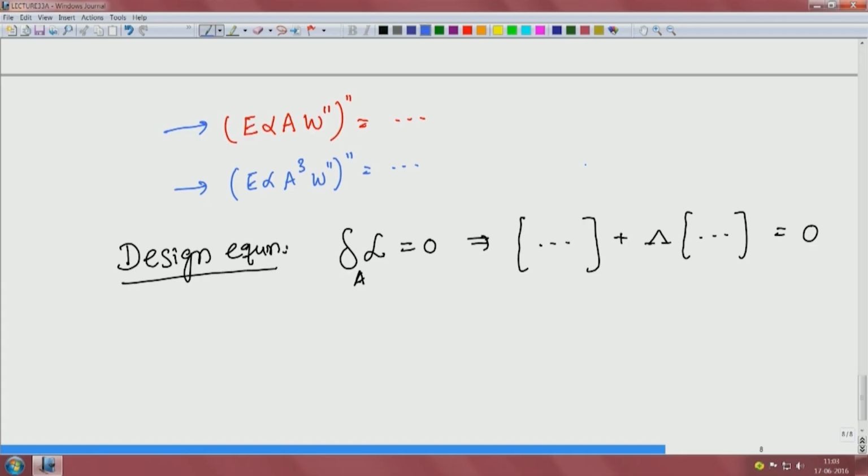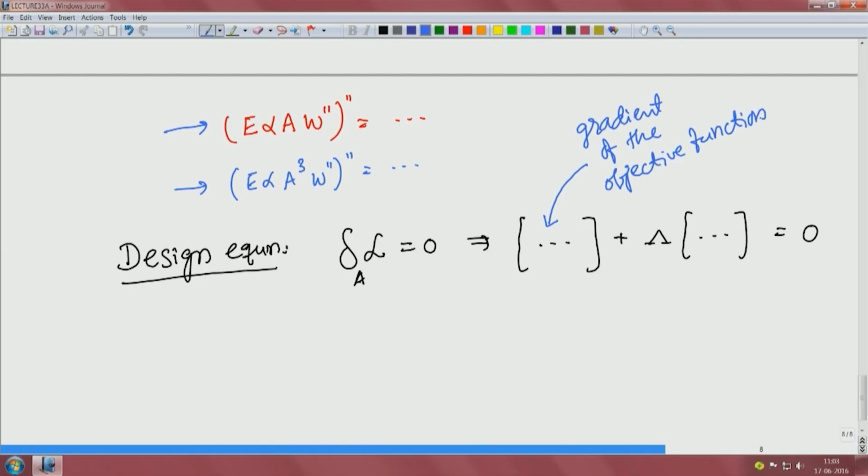We had already said that this particular thing will be the gradient, an expression meaning at every point x, the gradient of the objective function.